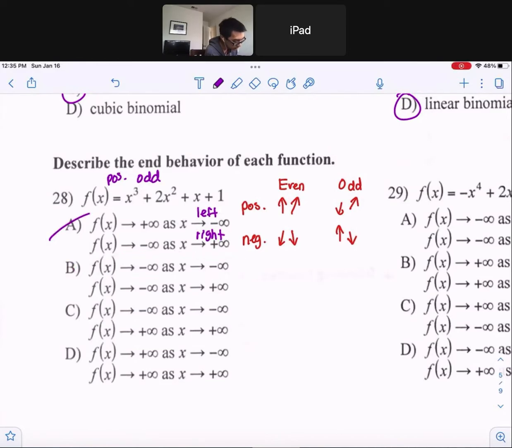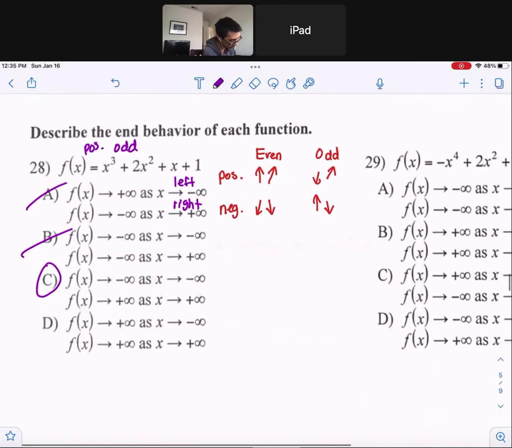This is down, that's good, but this also says the right-hand side going down, so that's wrong. Left-hand side going down and the right-hand side going up. So it is going to be C, right? Left-hand side down, right-hand side going up. So f of x is talking about up and down, x is talking about going left or right.